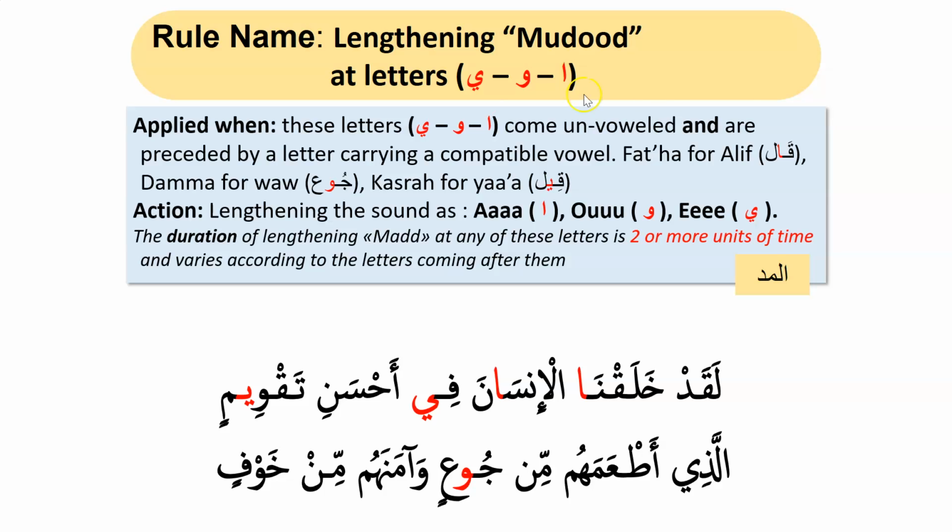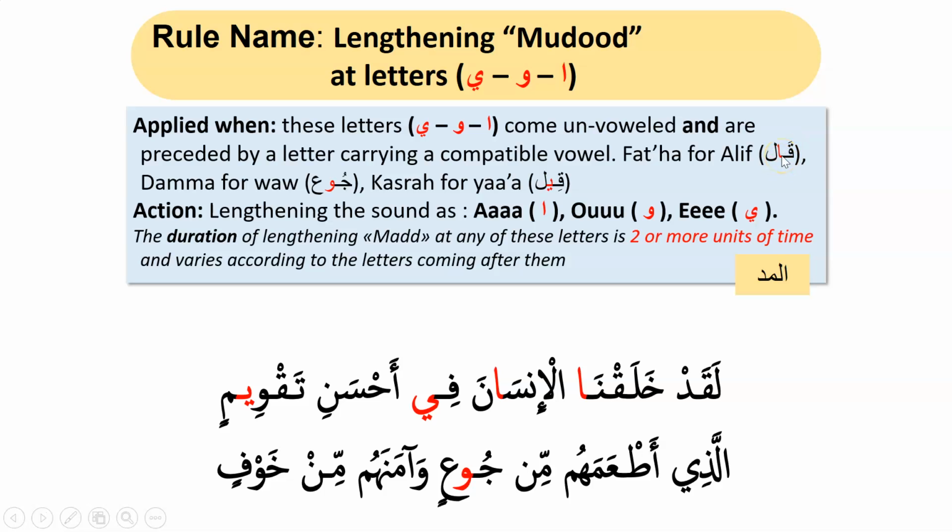So again, look at this: qala. It carries an alif that for sure does not carry any fatha, kasra, or dhamma. Qala, sakin. It's a sakin. So it already fulfills the first condition to become a letter of mad, a letter of lengthening, that is coming sakin, not voweled.